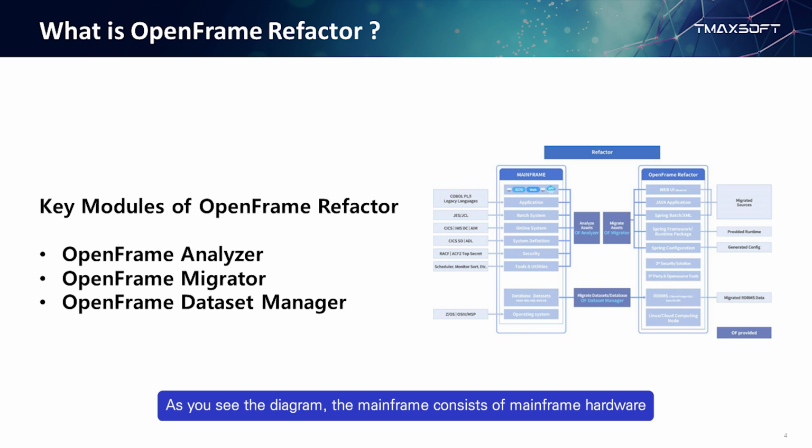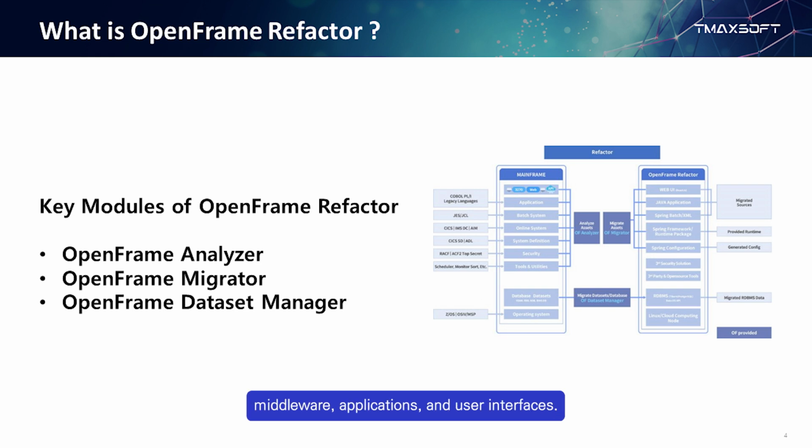As you see the diagram, the mainframe consists of mainframe hardware and several software stacks, including an operating system, middleware, applications, and user interfaces. Within these mainframe stacks, OpenFrame Refactor focuses on addressing data and applications. OpenFrame Analyzer analyzes legacy assets within the mainframe and presents the analysis results visually.